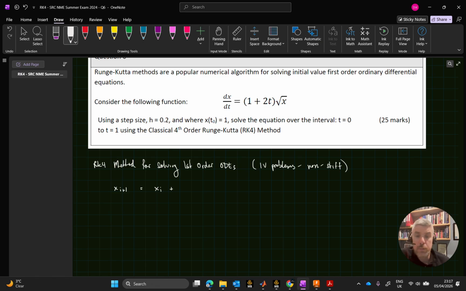So the slope that we're using: it's a first order differential equation, which is itself a slope. But here, it's not just that slope. If it was just that slope, by the way, it would be Euler's method. You'd just be using this K1 value, which is that slope there. But I'm going to take the average of the Euler slope, which is just that function, weight up 2 of a K2 functional slope, 2 of a K3 functional slope, and a K4, right?